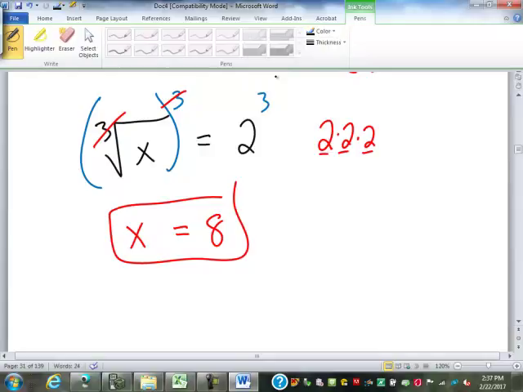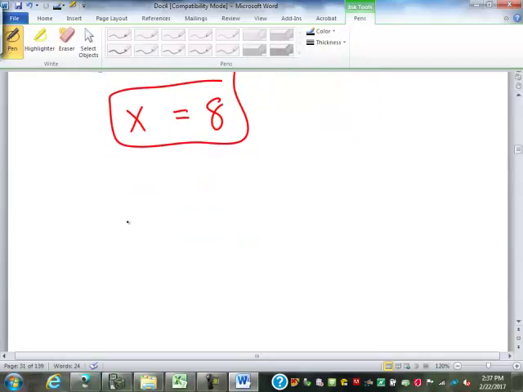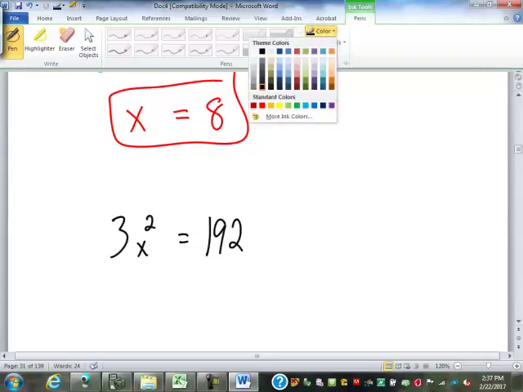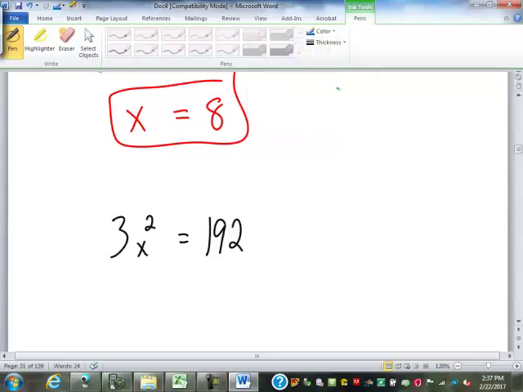Now these equations can get more complex. We could have 3x squared equals 192. So when we look at this, again, we ask ourselves what's been done to x.